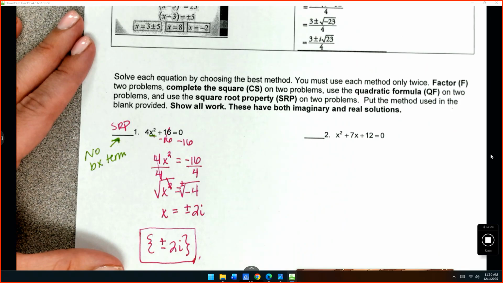Okay, so let's revisit quadratic formula. So I want to figure out A, B, and C. A is 2, B is 6, C is 5, and we're just going to plug that in to here, right?